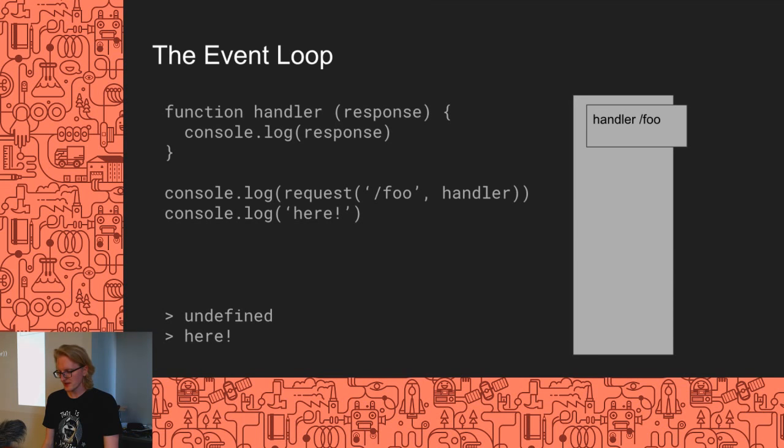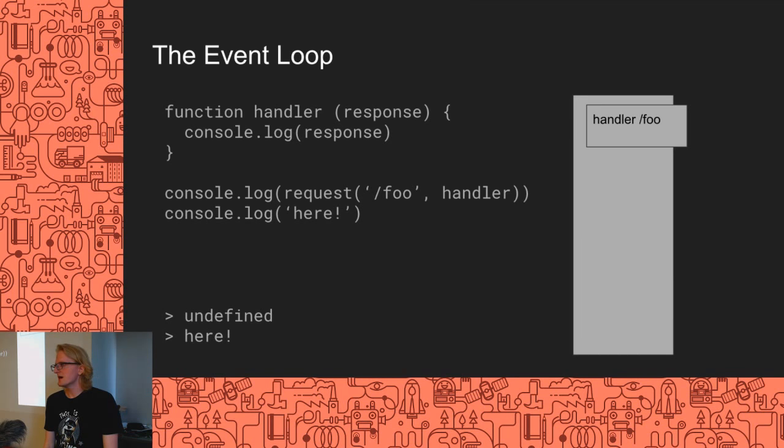If you were to run this code, where request is a placeholder function I have for making requests, request returns immediately. It doesn't return the response body immediately or anything. So this executes immediately, but we have this queued up task waiting for an event to get back to it.